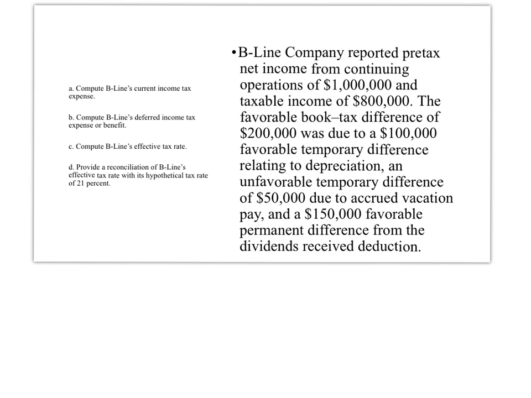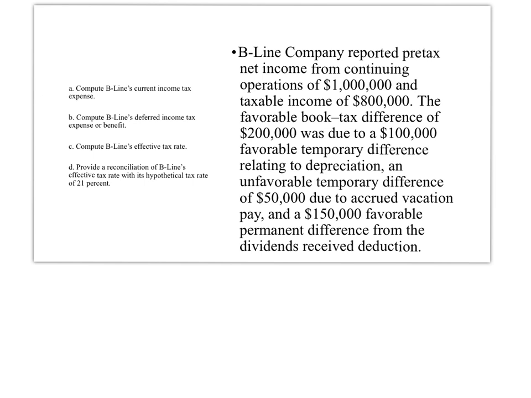All right, so here is a great example of a multi-step problem for chapter 6. In this problem, we've got a company reporting pre-tax net income from operations, and then we've got taxable income.